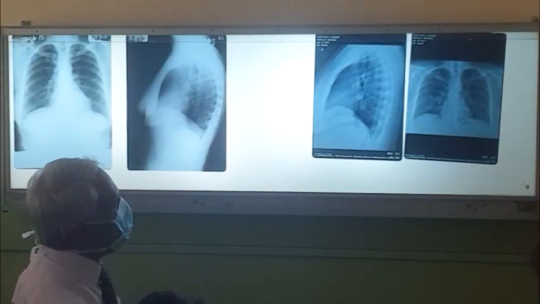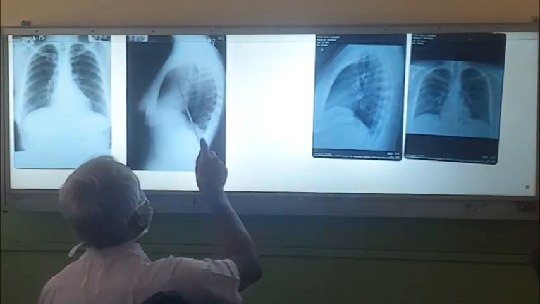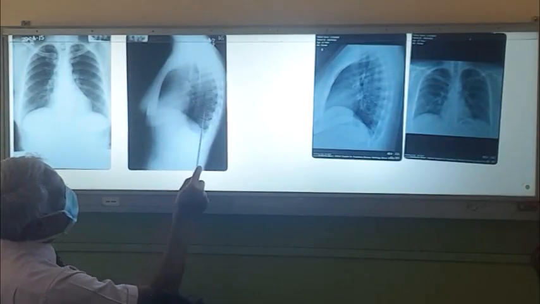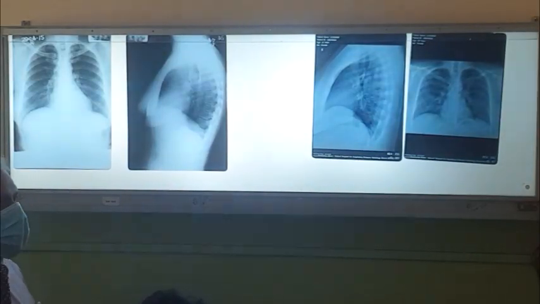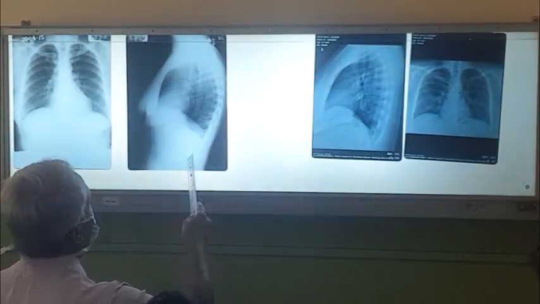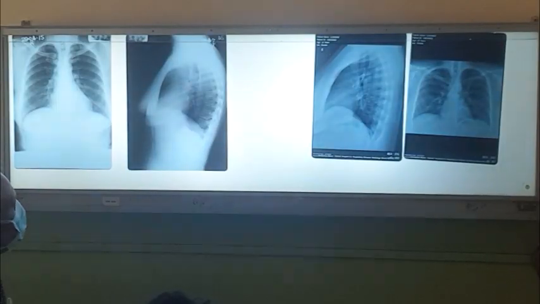Another point that you have to remember is there is a darkness above the heart, and that darkness is equal to the darkness behind the heart. So that also you have to notice, right? Always look at the bones and everything, whether there are collapsed vertebrae and so on. But I'm talking about the lungs here.